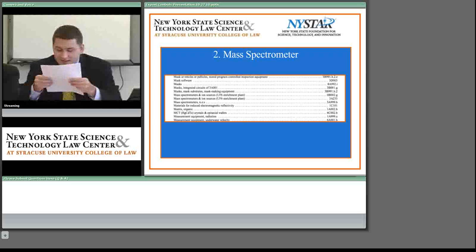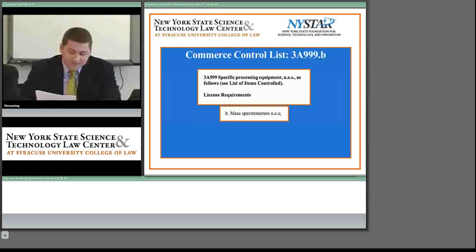In this case, it is 3A99.B. So then you would take that and look it up in the Commerce Control List, and it's following. There are license exceptions, license requirements for the mass spectrometer. Here, the license exceptions, none of which apply.